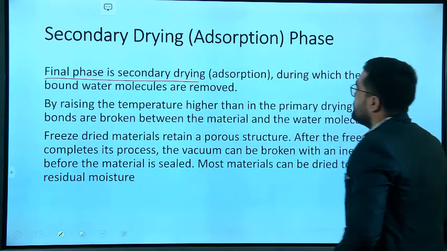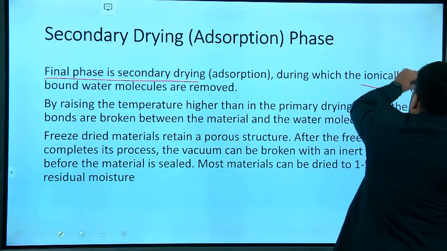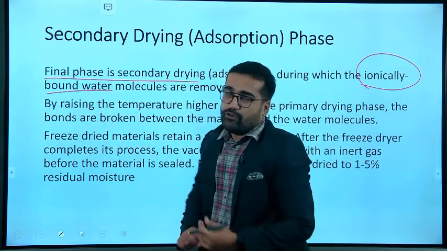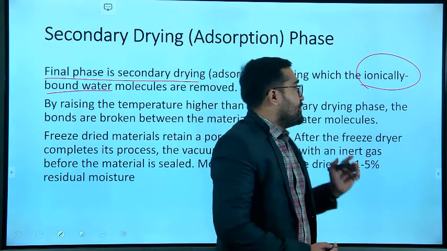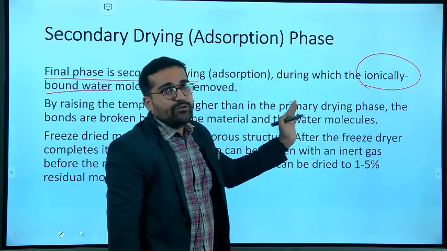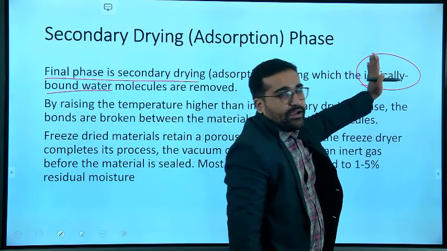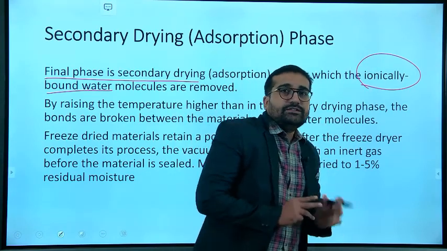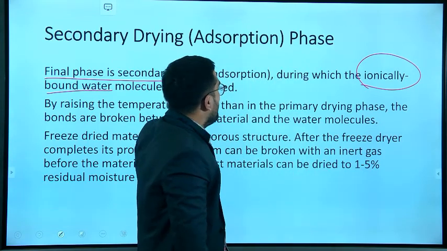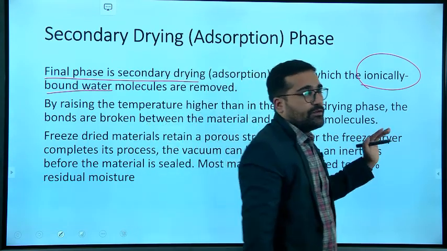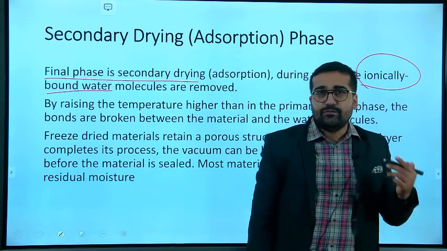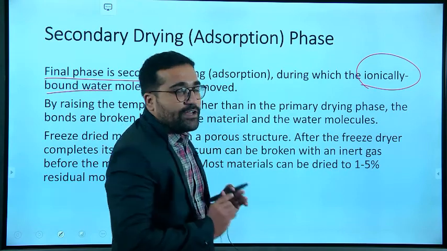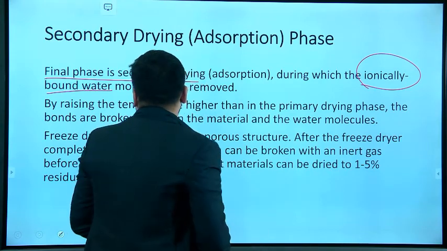Here we remove the bound water, the bound molecules of the product. These molecules are generally ionically bound, or can be bound inside the structures. Previously in the primary stage we removed the free water inside the product. Now we are concentrating on the remaining 5% of bound water inside the structure.